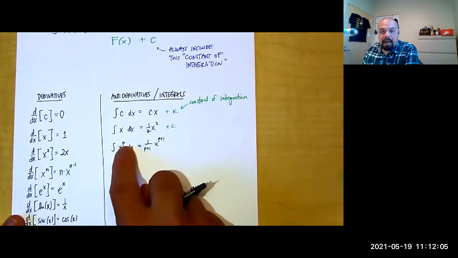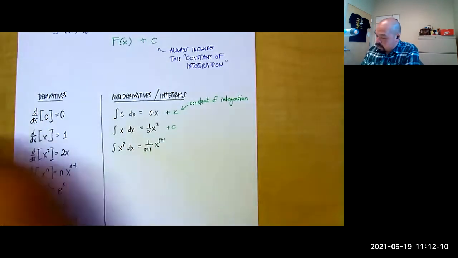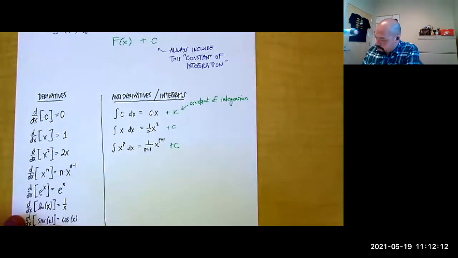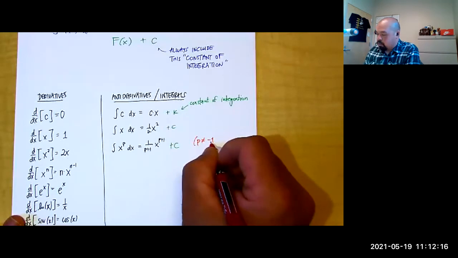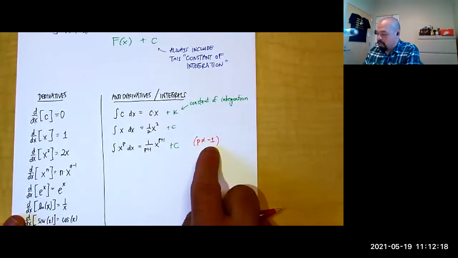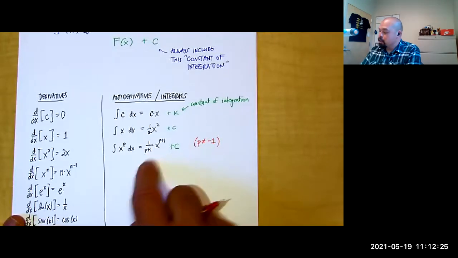We add 1 to that power, divide by the new power, and plus c. And this is going to work for any p not equal to negative 1, right? Because what if that exponent is negative 1? Negative 1 plus 1 makes 0. 1 over 0, we can't divide by 0.